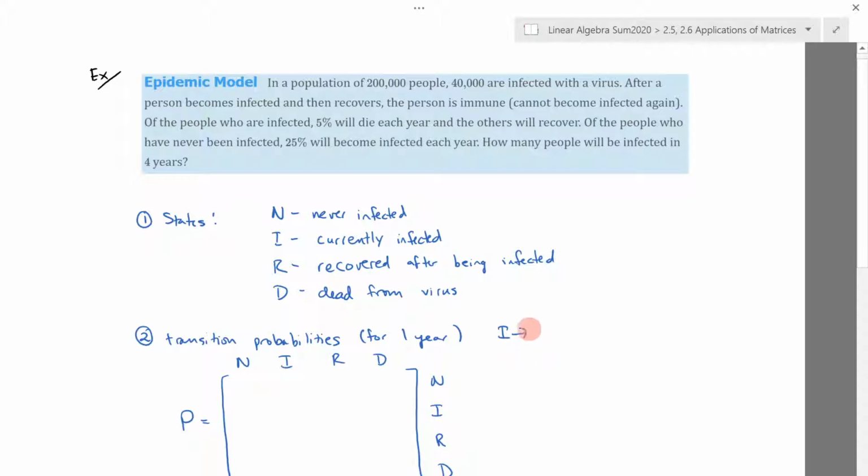If you're currently infected, then you have a 5% chance of dying. So I to D is 5% or 0.05, and the others will recover. If you're infected, then you have a 95% chance of recovering, so that's 0.95.